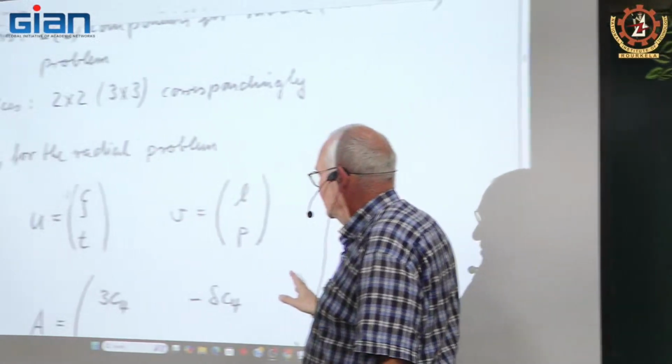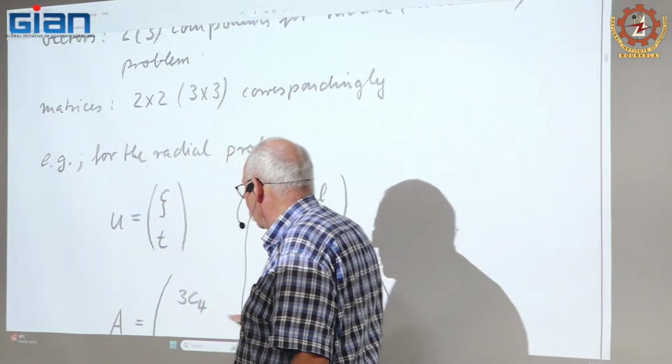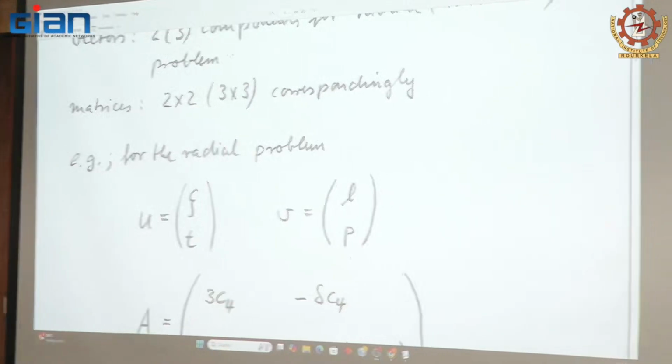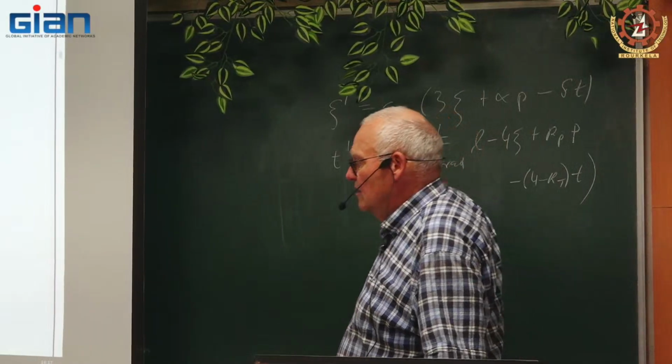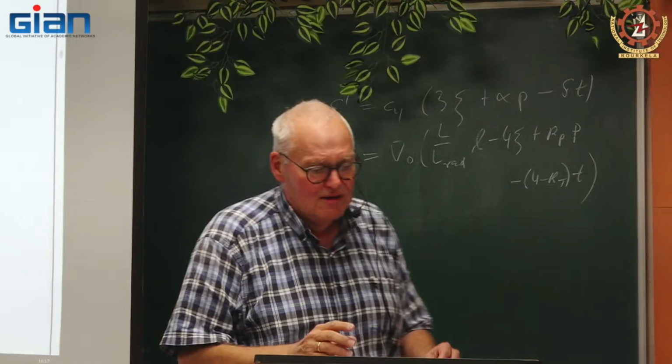Okay, so A is the matrix which has to give the first two components. So U is zeta. So this is 3C4. We just read it off from the equation. So the first component in the A matrix is the coefficient of delta. This is minus delta times C4.